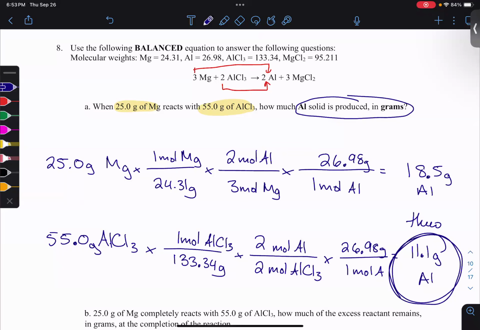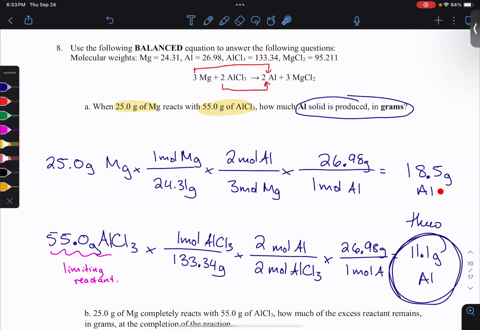So that means we located the theoretical yield. That means that this 55 gram aluminum chloride is my limiting reactant, all right? But then what does that mean about 18.5? Does this number mean anything to us?